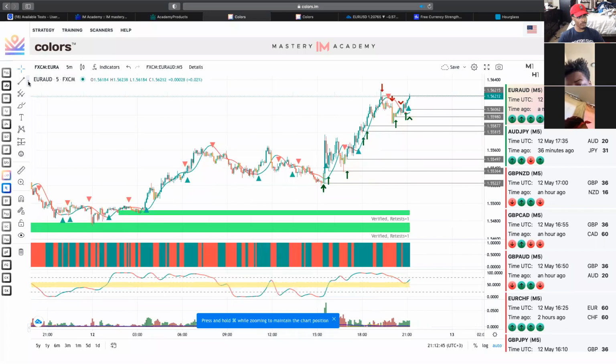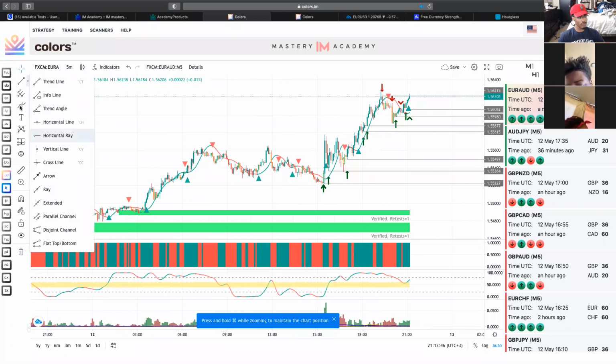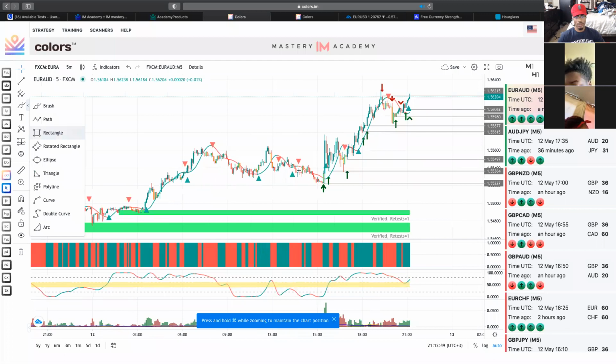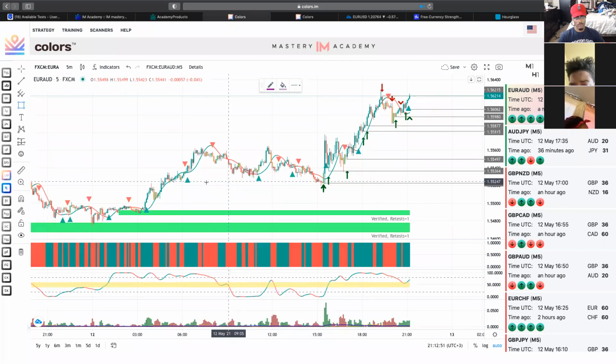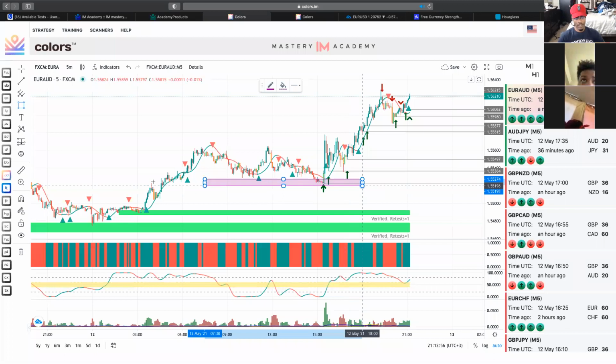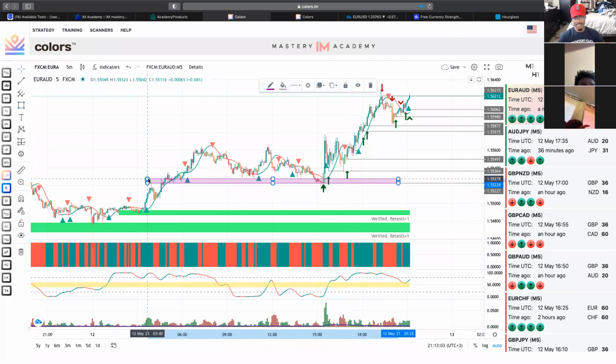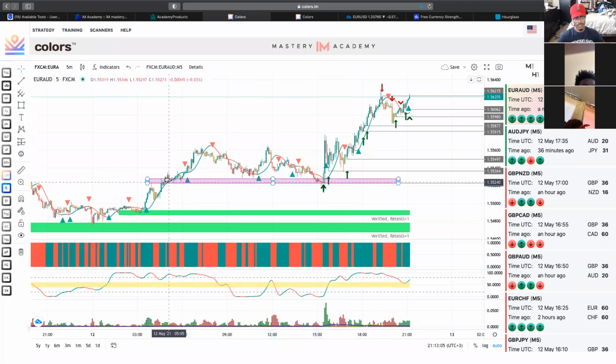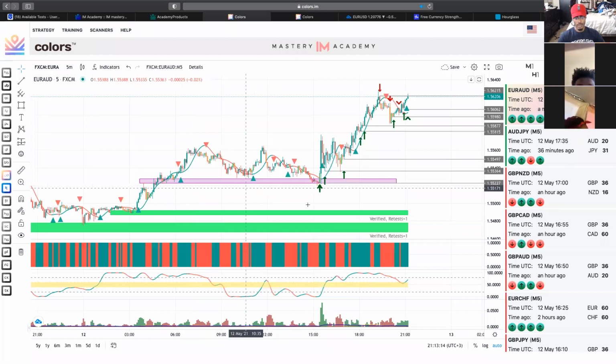For example, right here, this would have been a little area where it should have printed a box, honestly. But I just know this because I'm looking at market structure. This was an area that it broke, retested, came back, retested, broke out again. So clearly this was an area that the market was attracted to. This is somewhere that it should have had a green box.